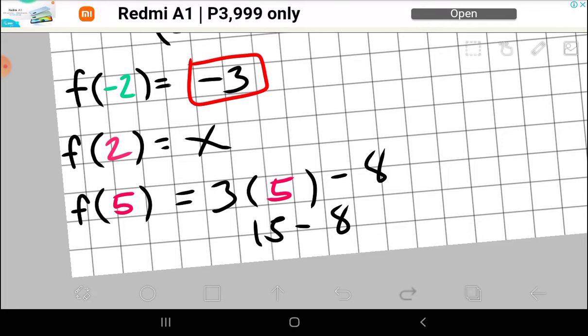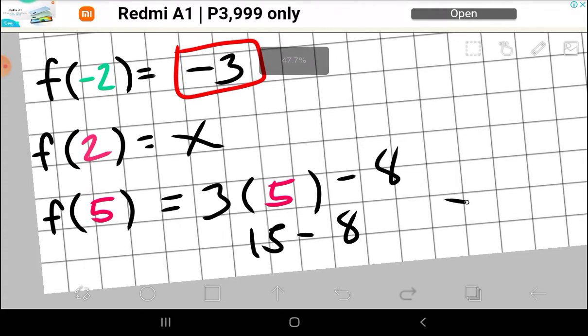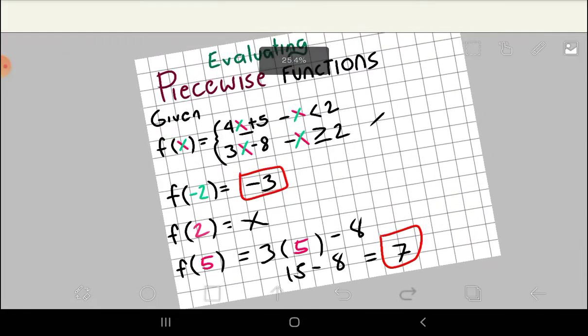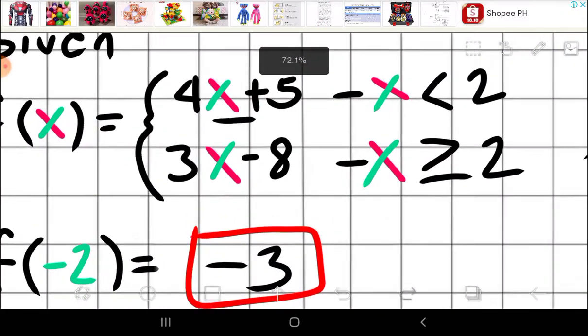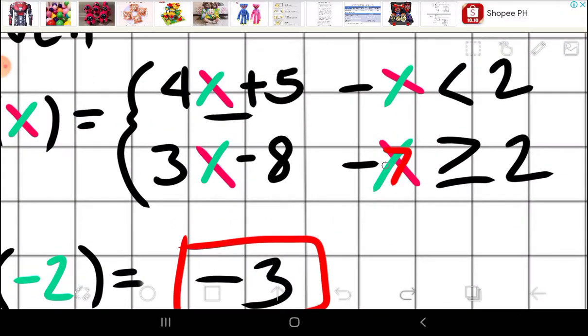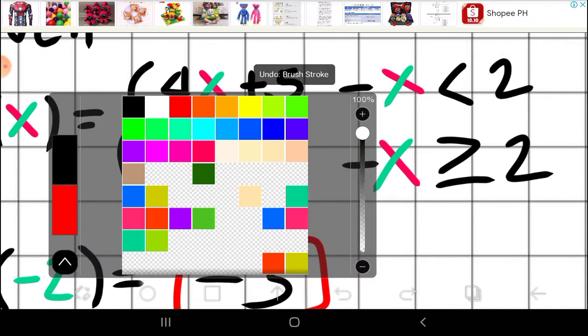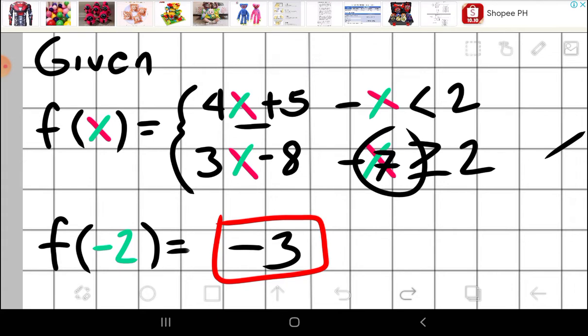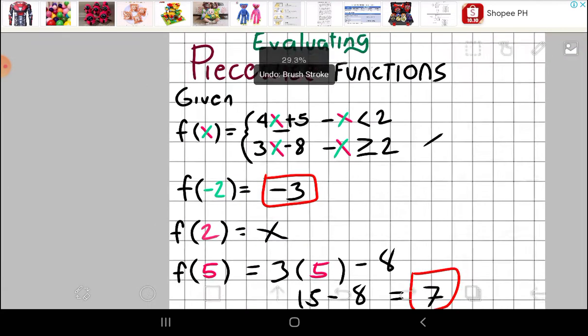It will be 7. So 7 is the answer. Let's see if it's true. Indeed, 7 is higher than 2. So it's correct.